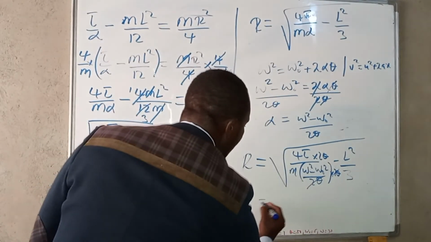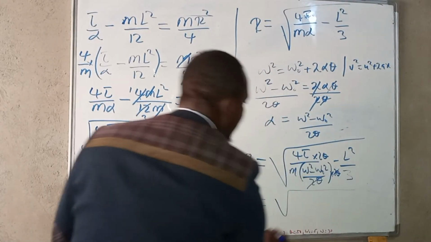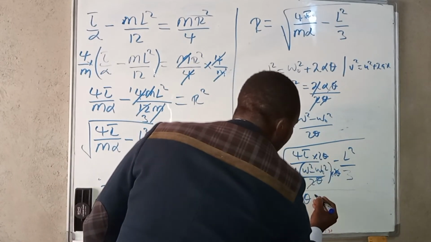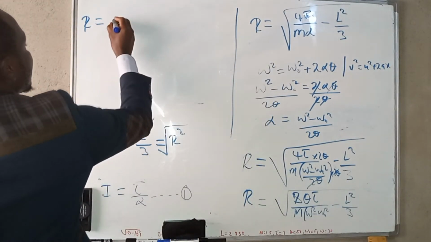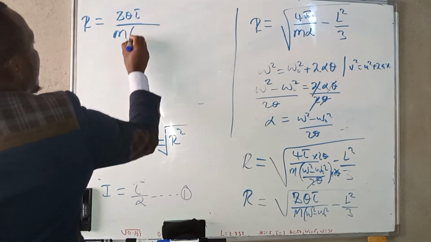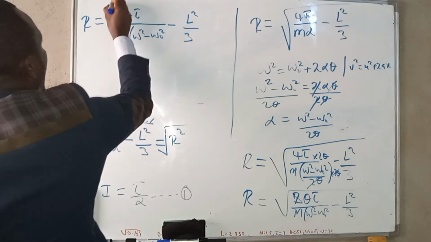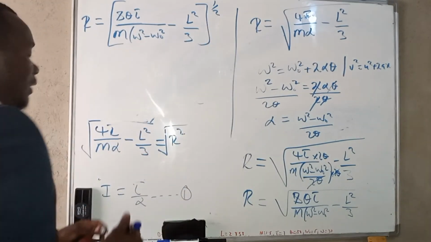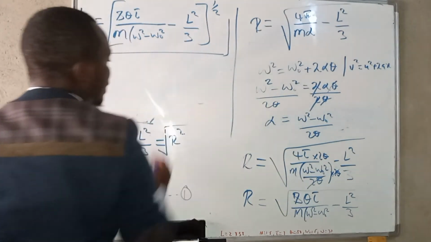What we're going to have is the square root of 4 times 2, which is 8, then 8 theta over the torque, and this can also be expressed in this form where we have everything raised to the power half. This one and this one are one and the same thing. So this is the needed expression for the first part.